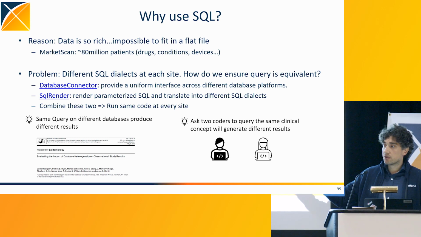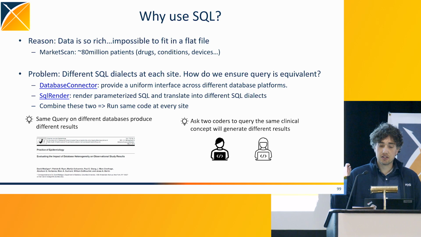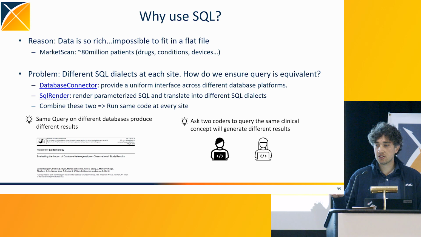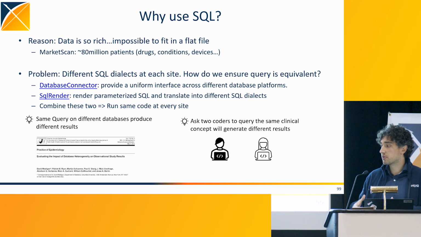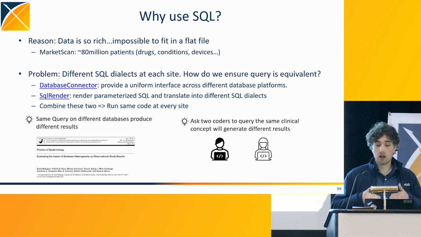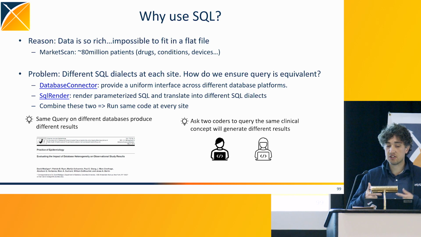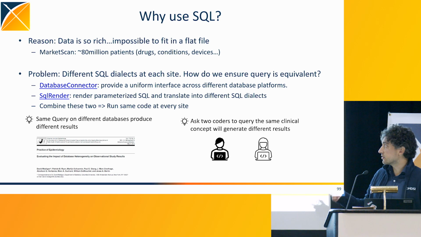We have Postgres, we have Snowflake, and everything is a little bit different in how we're writing that query and extracting that information. So we need to ensure that the query is consistent across each site. The OHDSI community has developed tools to allow a uniform interface to these database platforms and represent the SQL in a consistent manner. If we combine these things, we can run the same code at every single site.